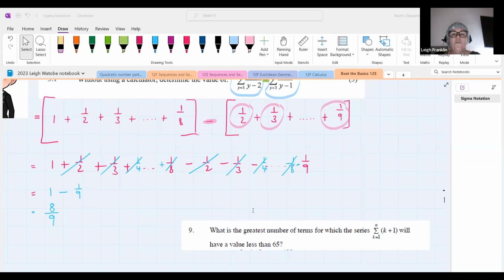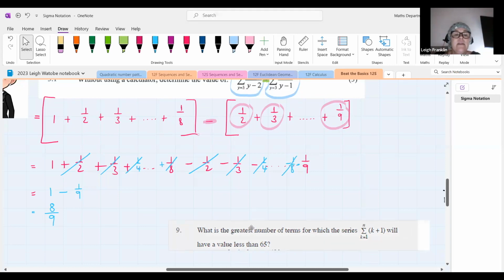Let's just have a quick look at question number 9. I'm going to leave this with you for homework. When they talk about the greatest number of terms, what do the words greatest number of terms make you start thinking about?